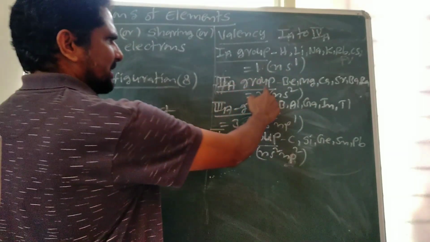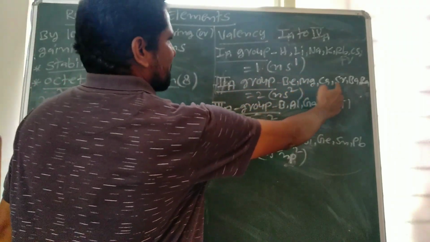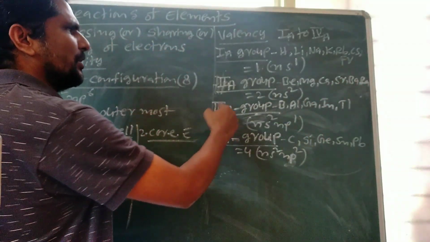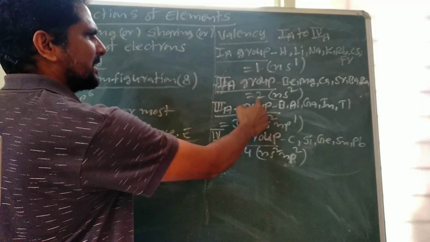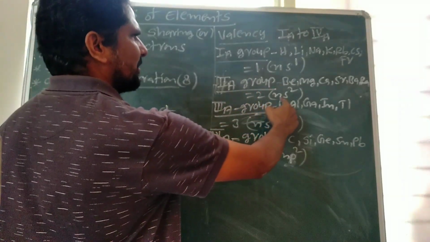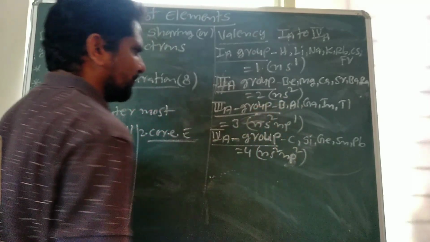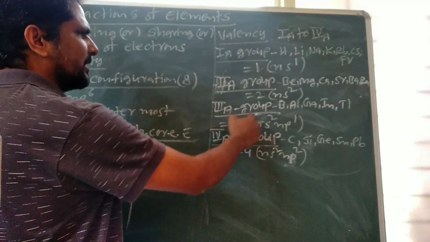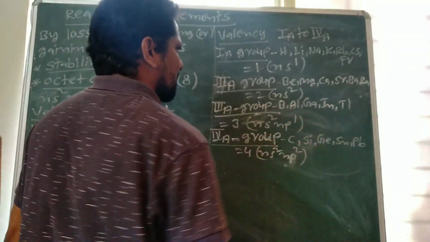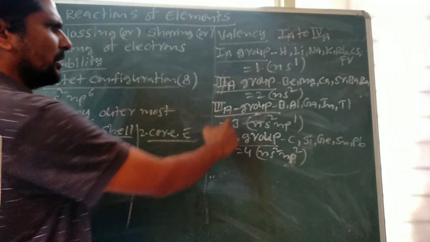Second A group elements: beryllium, magnesium, calcium, strontium, barium, radium belong to second A group. So the valency of second A group elements is 2 due to the general electronic configuration ns2.